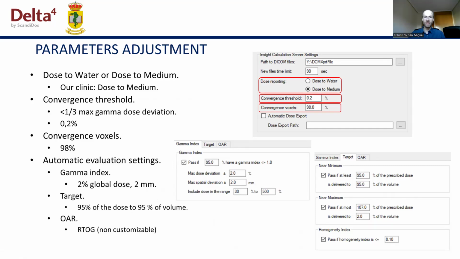If the number of planned fractions does not correspond to a list of organs at risk objectives, no such objectives will be evaluated. These objectives are taken from the RTOG radiation dose constraints.